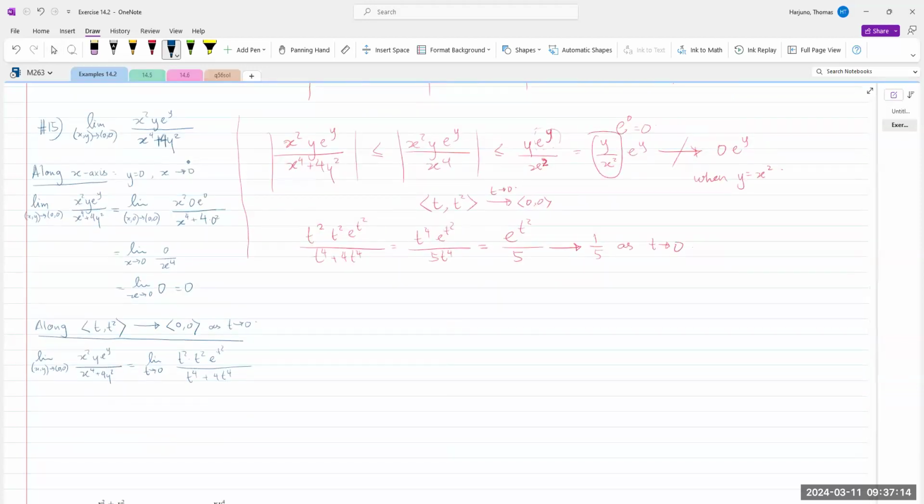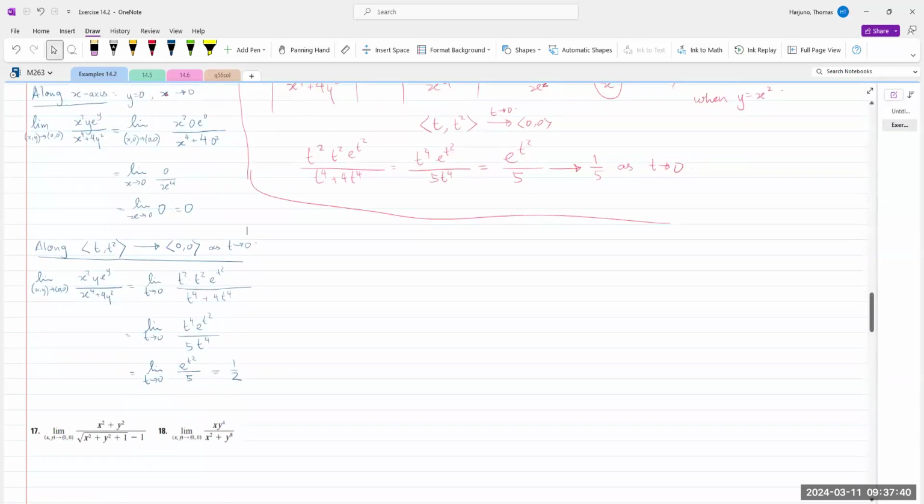That is the limit as t goes to 0 of t to the fourth e to the t squared over 5t to the fourth. Now the t to the fourth cancel first, before t is 0. Then when I replace t by 0, I get 1/5.